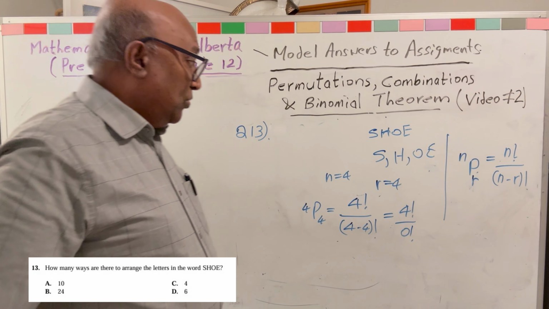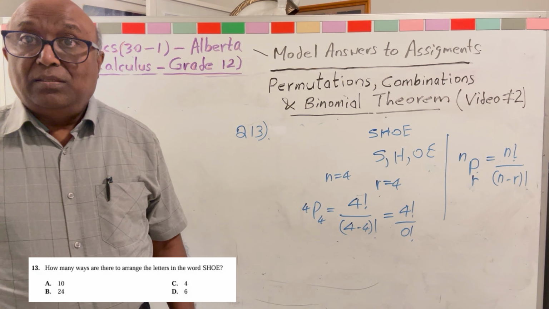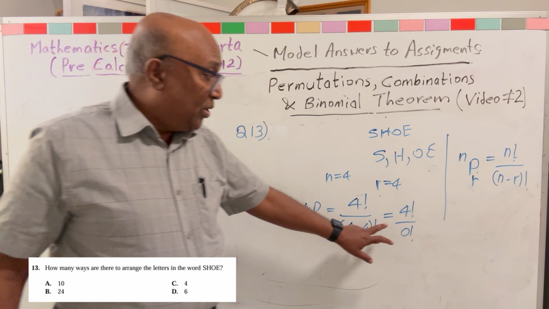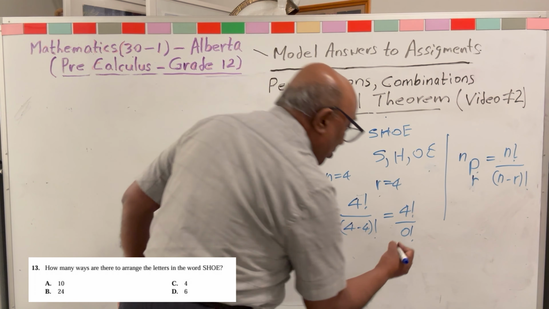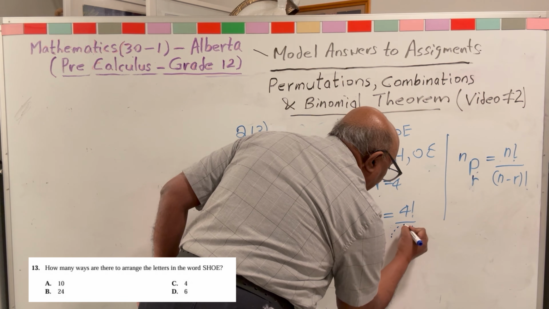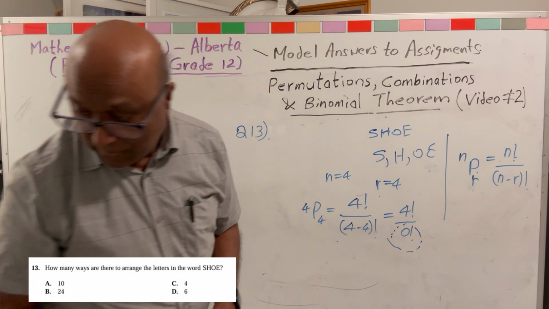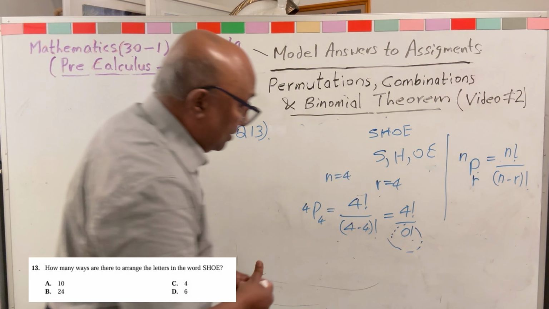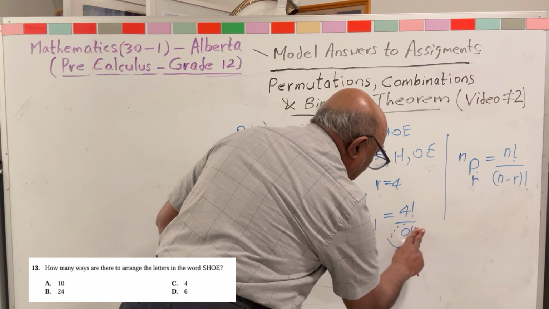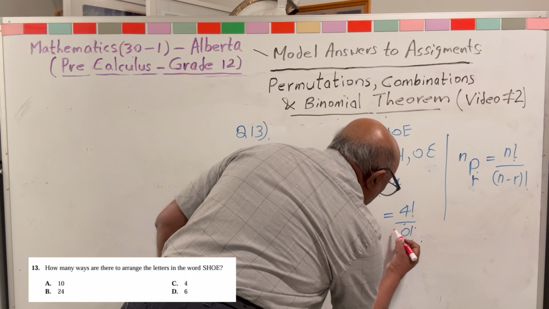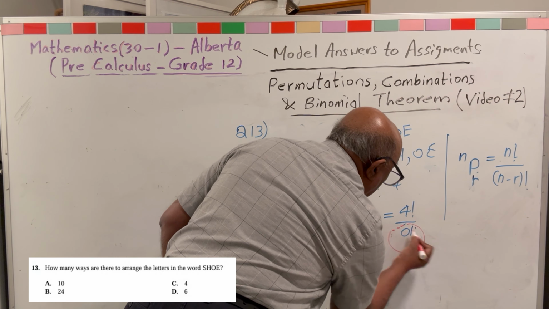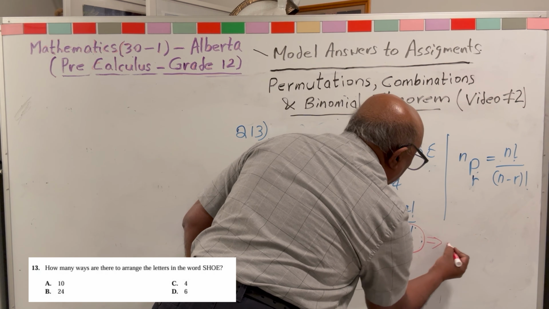Okay, now actually if you are new to this concept, just to understand, the value of factorial 0 is equal to 1.